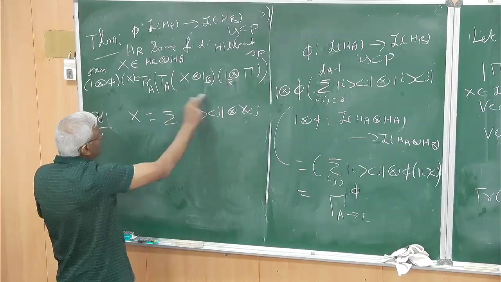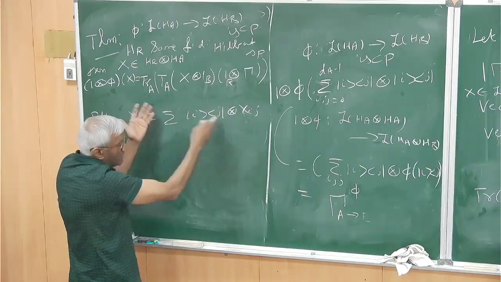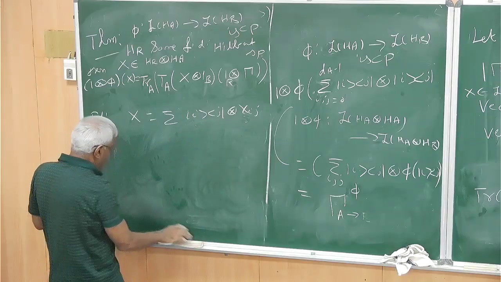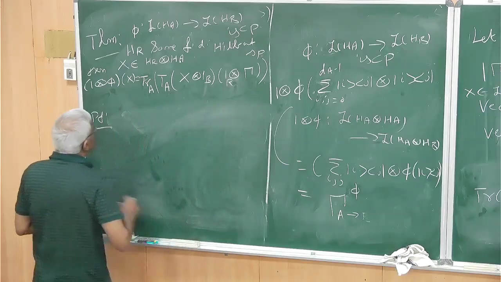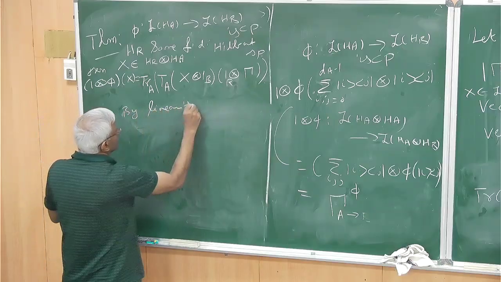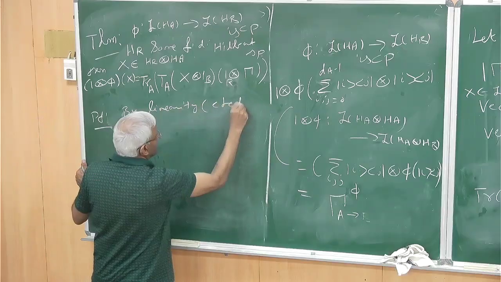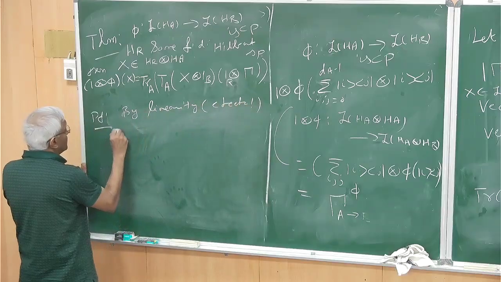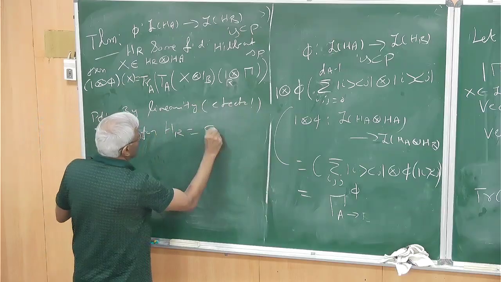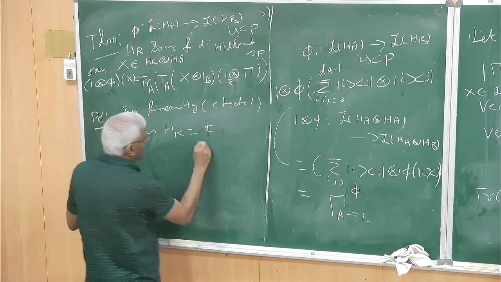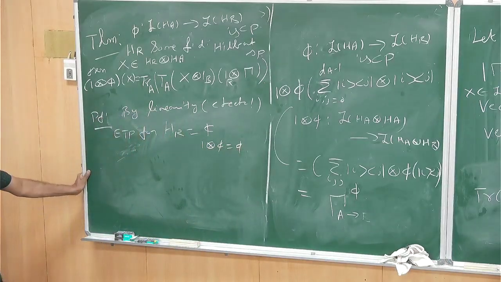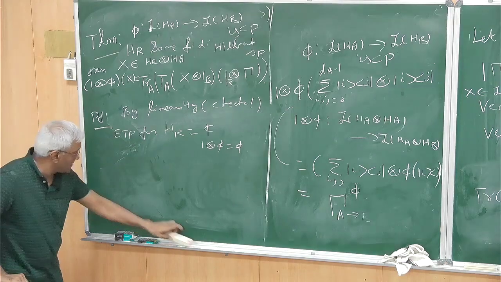If something can be proved for that phi, then by linearity you can prove it. So check this: it's enough to prove for HR equal to C, and one tensor phi is just phi.